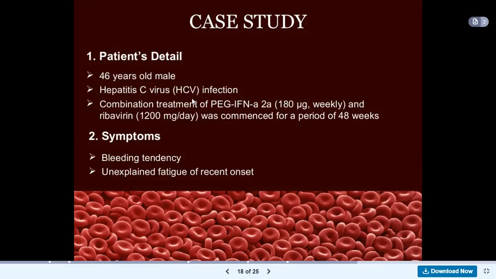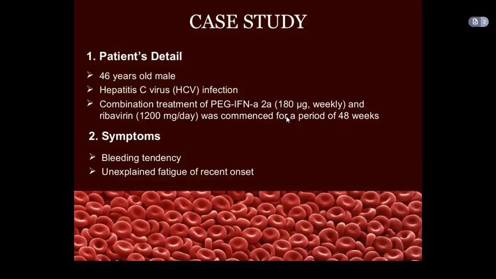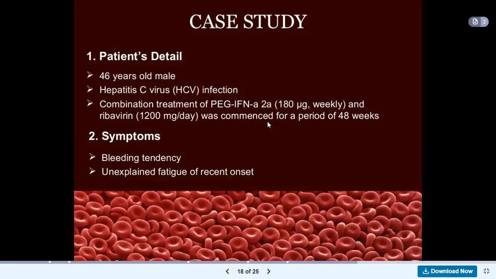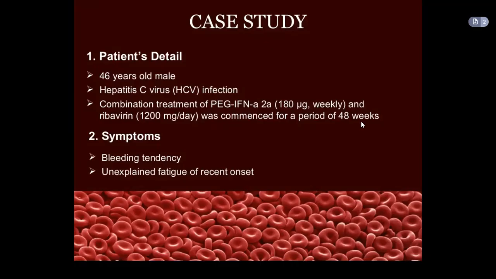These drugs have some effect on the bone marrow, okay, because we said that some drugs can lead to aplastic anemia, and we also said that viruses can lead to aplastic anemia. So this patient took this drug for 48 weeks, for a long time. So the drugs affected his bone marrow.